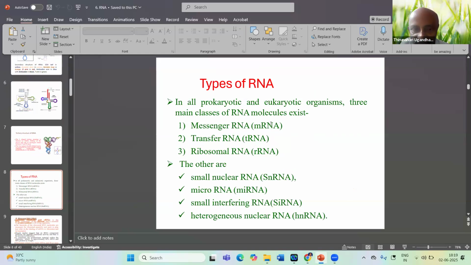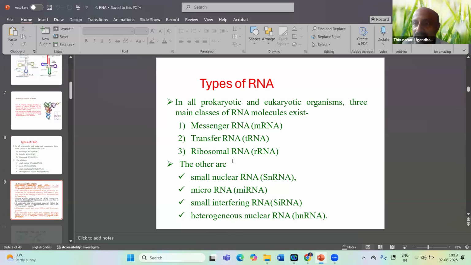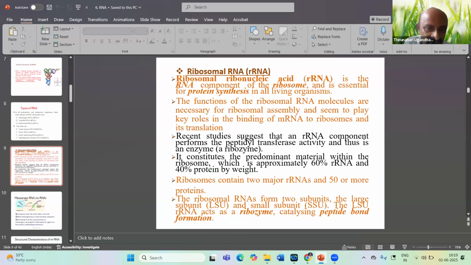These are the 3 major types. The others are small nuclear RNA, snRNA; microRNA, miRNA; small interfering RNA, siRNA; and heterogeneous nuclear RNA, hnRNA. So 4 plus 3, that is 7 types of RNA.